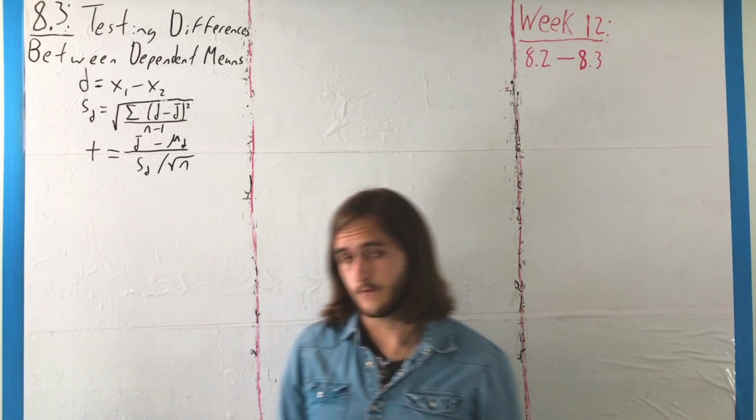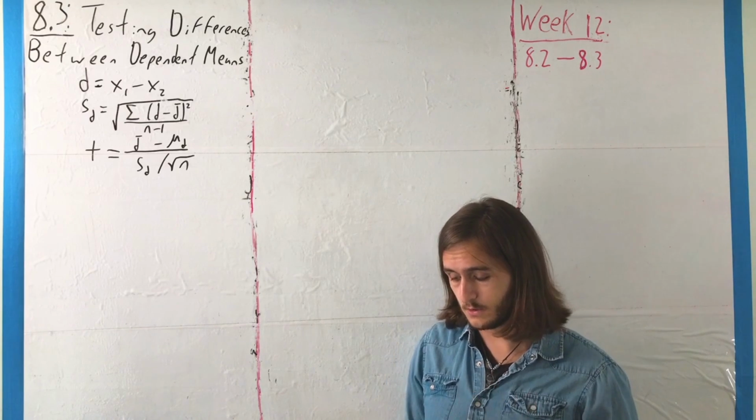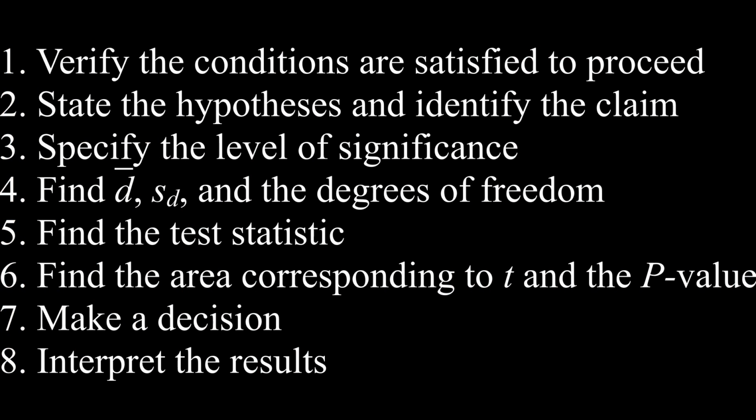But anyway, if you want to follow this kind of process down, what we would do is check our conditions. That is, we want to make sure things are independent and random and properly central. Then state our hypotheses and claim, along with the level of significance. From there, we have a little bit more work in terms of getting d bar, SD, and the degrees of freedom, but not too much more.